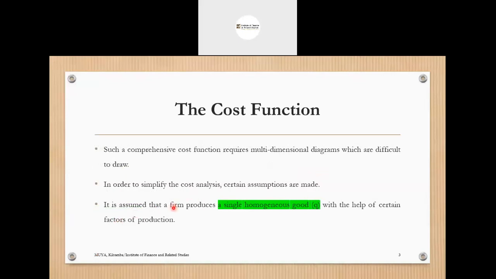One of the major assumptions is that the farm produces only one single product, which is the same for all farms. Homogeneous means the same, which we shall denote as Q, produced with the help of certain factors of production.